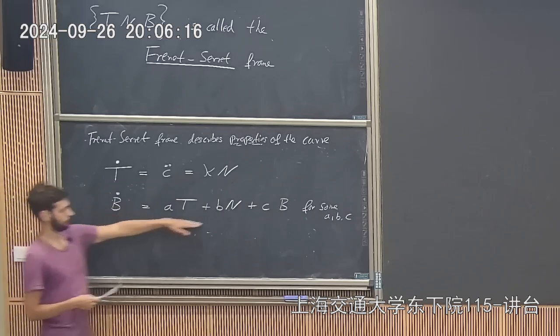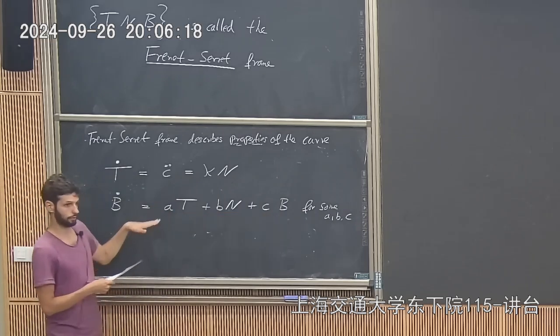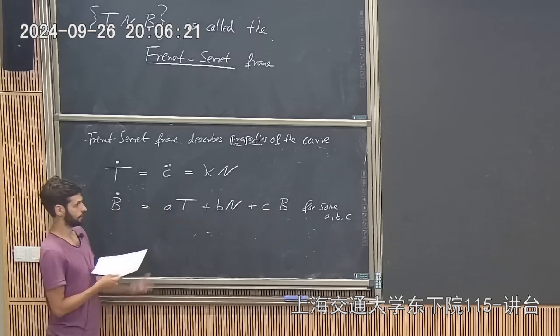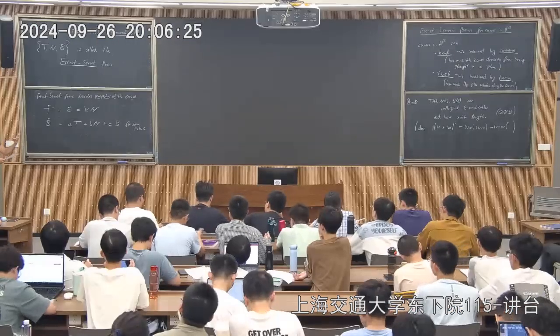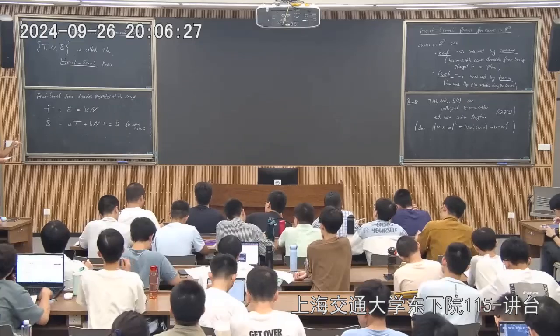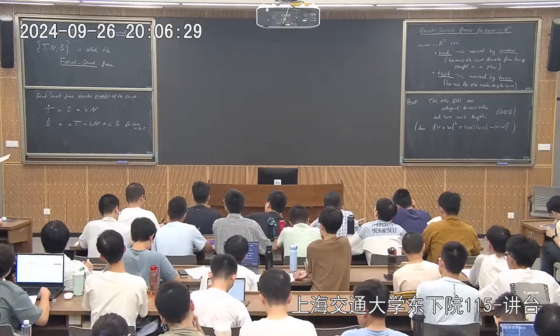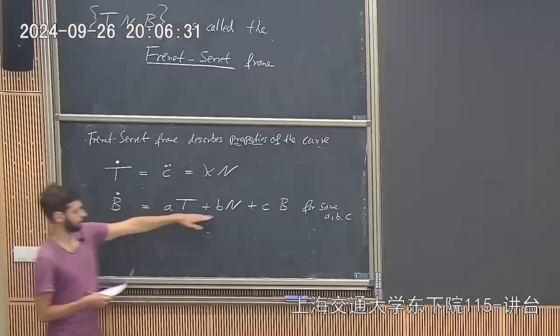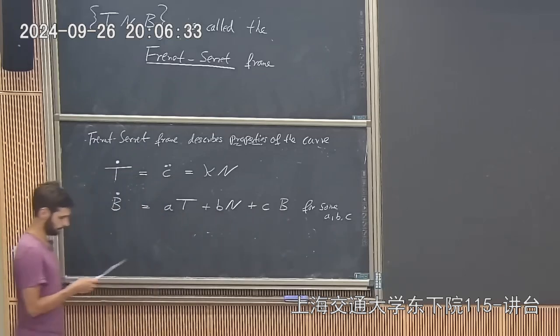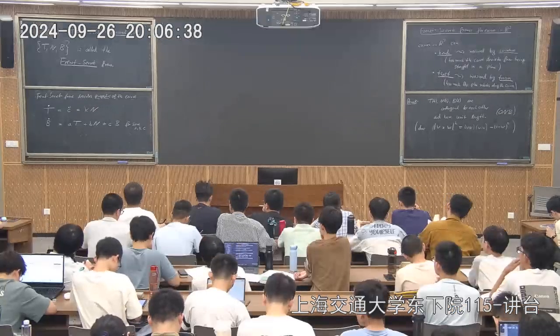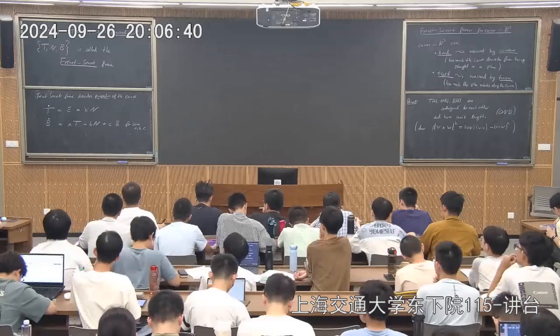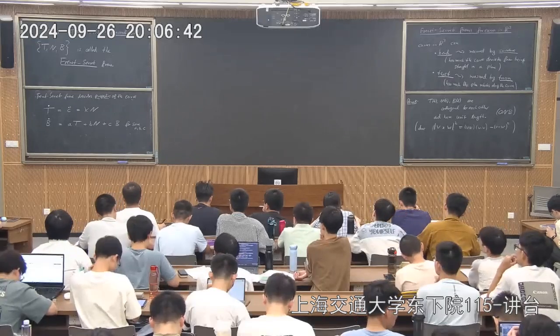We can write this always as this because every vector can be written as a linear combination of these three vectors, since they form an orthonormal system as we described over there. So some constants, but we don't know these constants and have to determine them. There are two ways: either we calculate things or we use our geometric intuition.